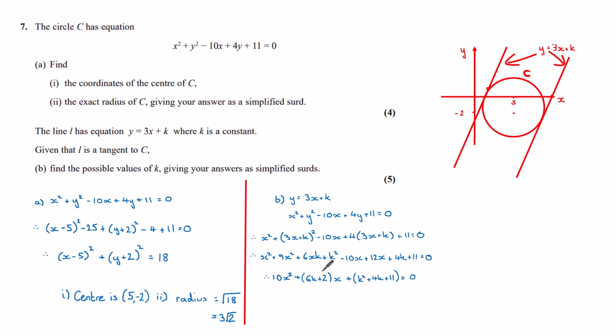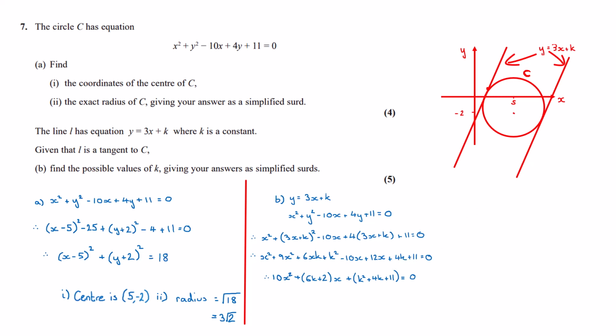Now, writing this as a quadratic, so I have 10x squared. My coefficients of x are 6k plus 2, and my numerical components are k squared plus 4k plus 11.